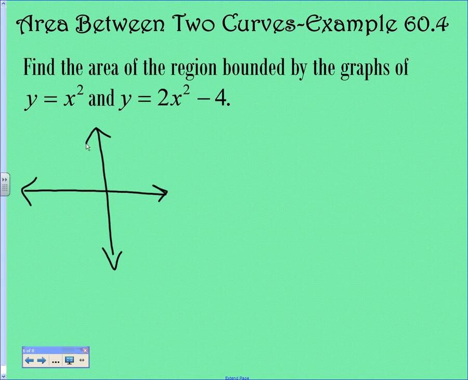If you think about your graph of x squared, it's a parabola. And what about the graph of 2x squared minus 4? Okay, it's further down. Does that make sense?